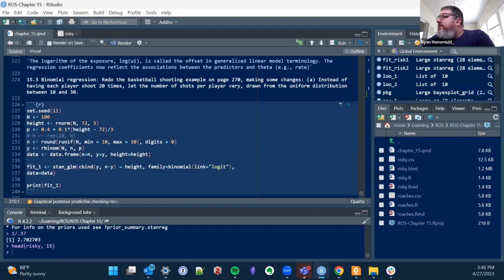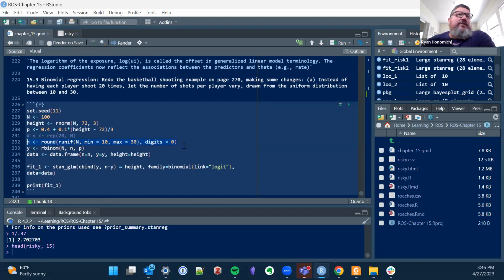In the original one we were just taking the 20 each time. So now what I'm doing is I'm saying, hey, use a uniform distribution, min 10, max 30, and give me 100.